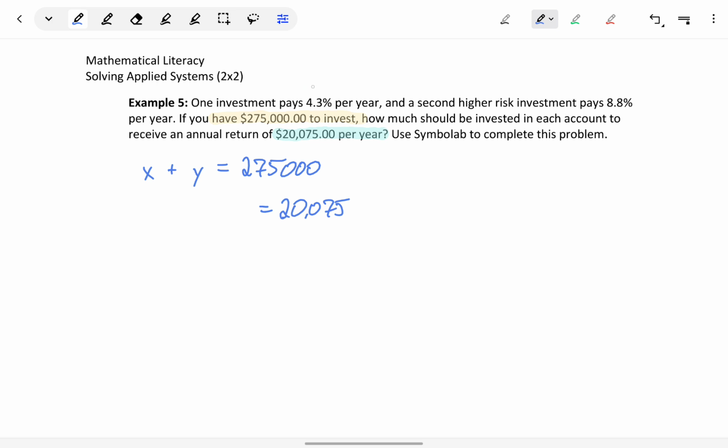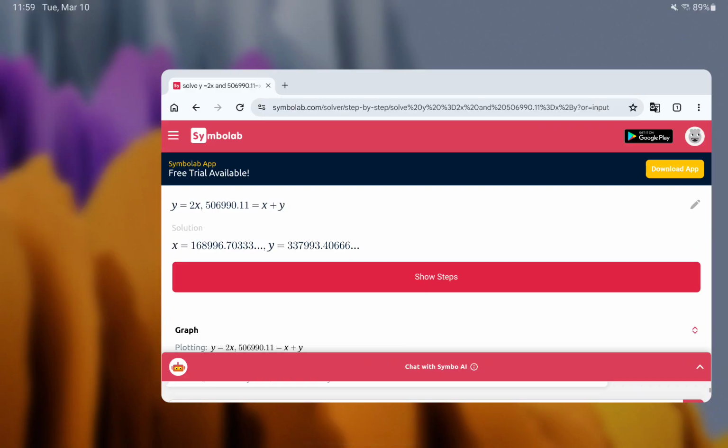We know that the first investment pays 4.3% per year, meaning we would make 0.043 times whatever we invest in that first account. So 0.043x plus 0.088y, the interest times however much we invest in that second account. And that gives us our system that we need to solve for this problem.